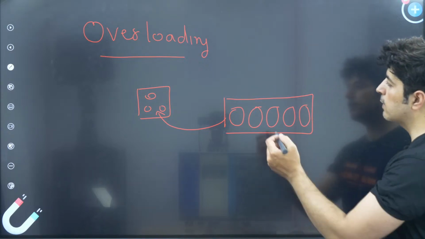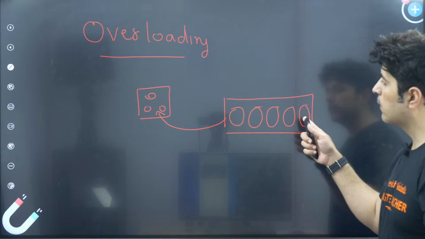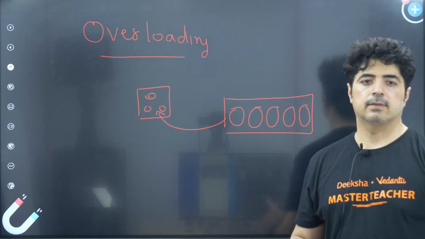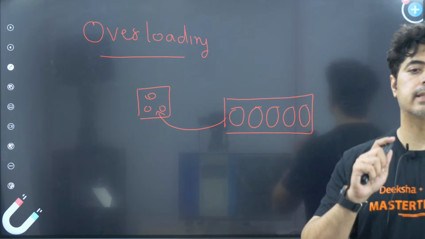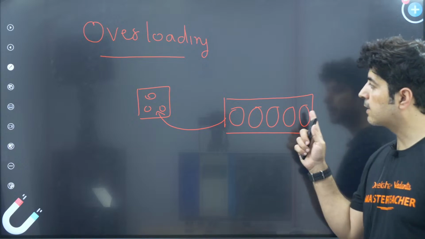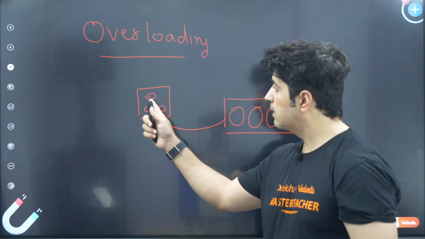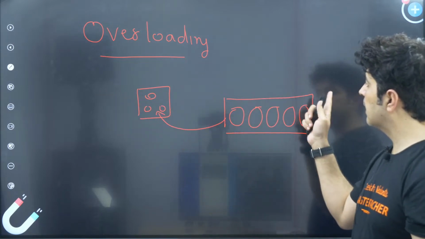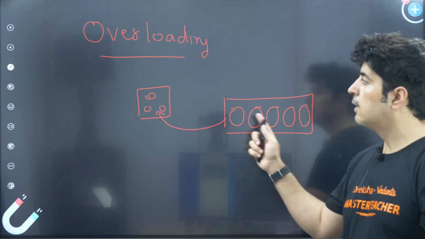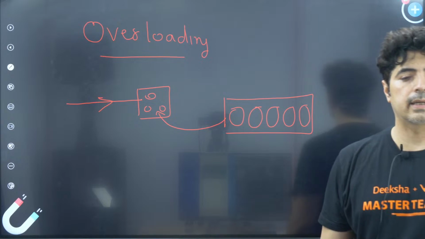So what happens is, once you put 5 chargers over here, the demand of electricity increases, and because of that, all the appliances which are demanding high electricity, high current, cause a high current to flow inside.